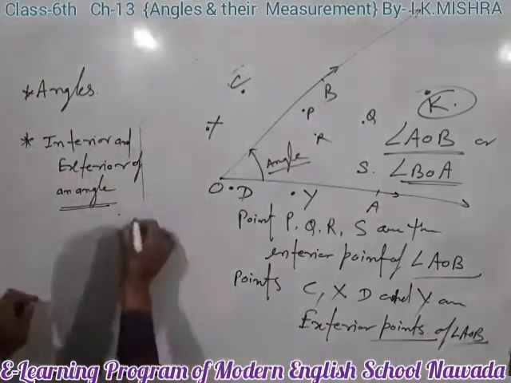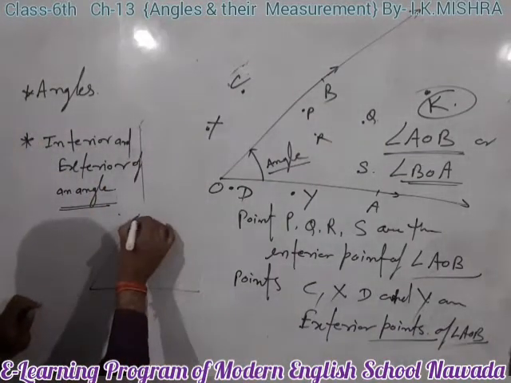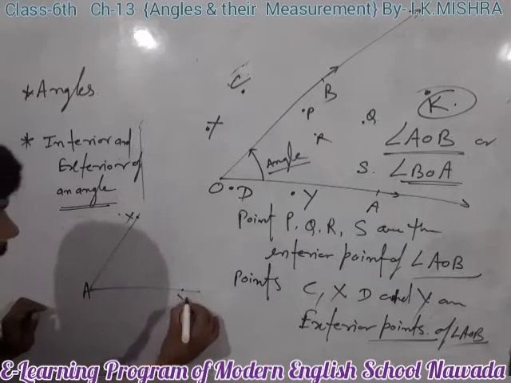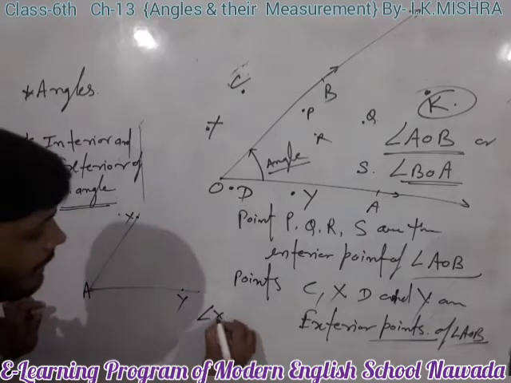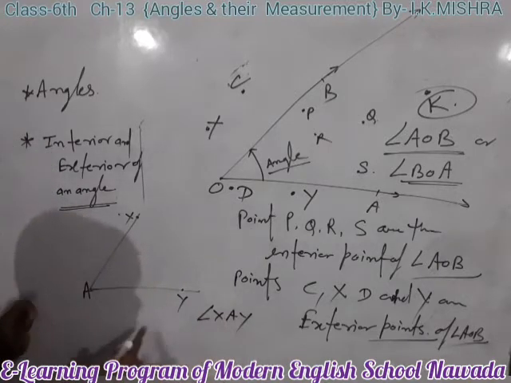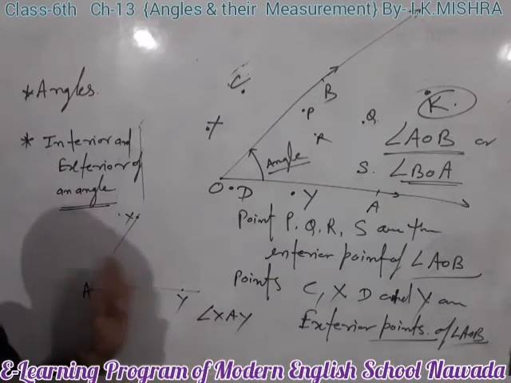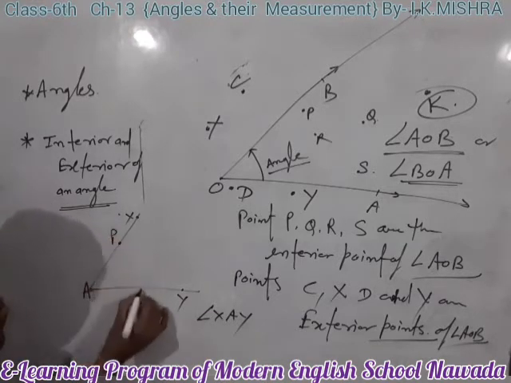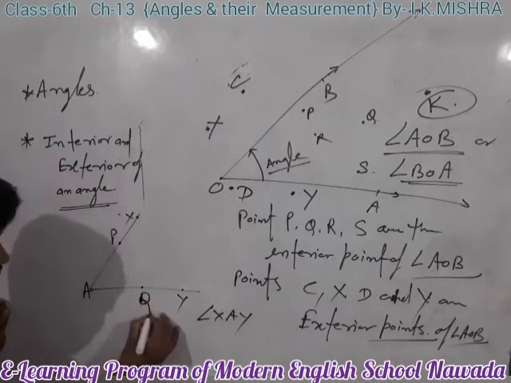Here students, I draw an angle, its name is angle XAY, or you can write YAX. Suppose a point P here, and a point Q here.